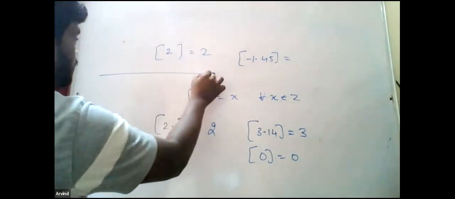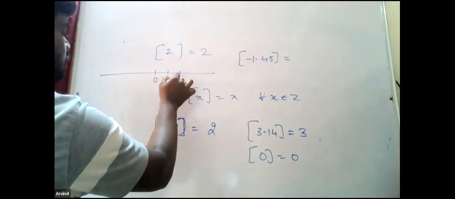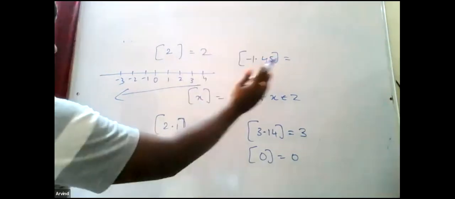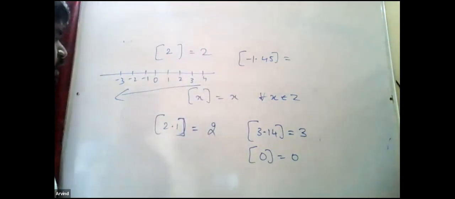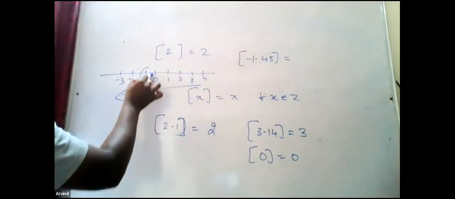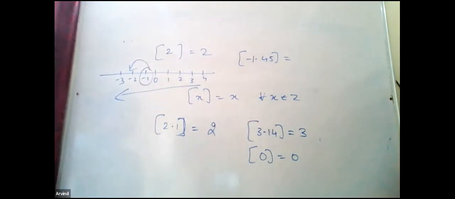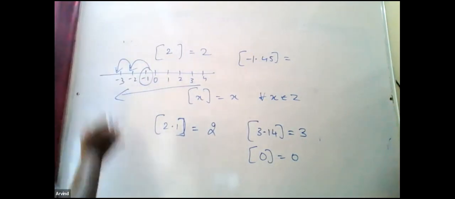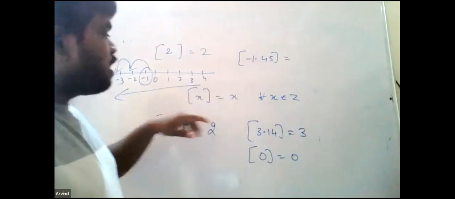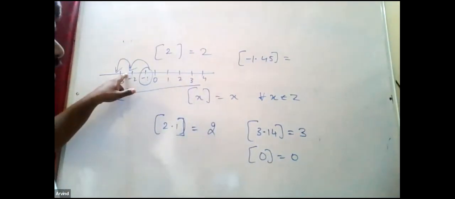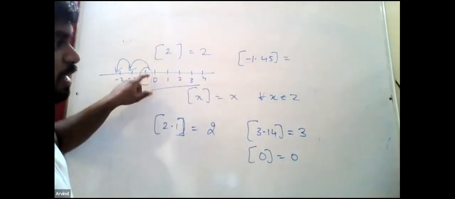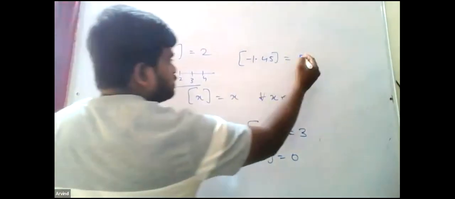If you observe the number line, 0, 1, 2, 3, 4, and minus 1, minus 2, minus 3, going to the left side it is in decreasing order, which means minus 1 is greater than minus 2, and minus 2 is greater than minus 3. I said you should take an integer which is lesser than this. Minus 2 is less than minus 1. So the answer will be minus 2.